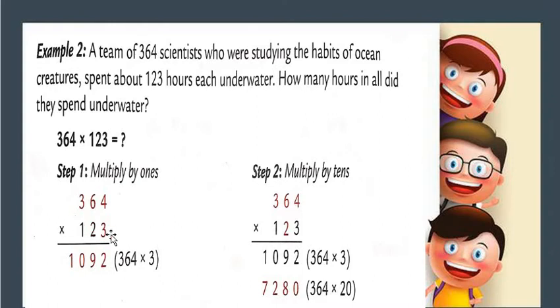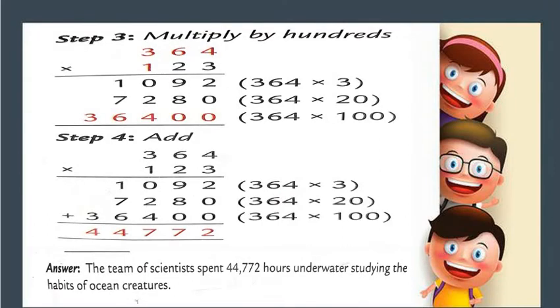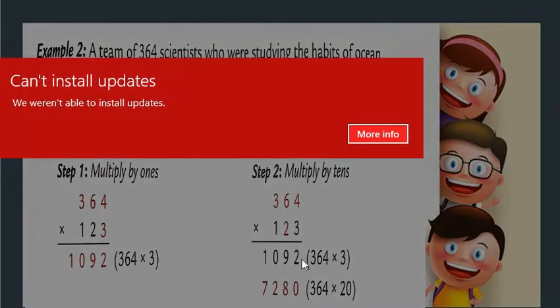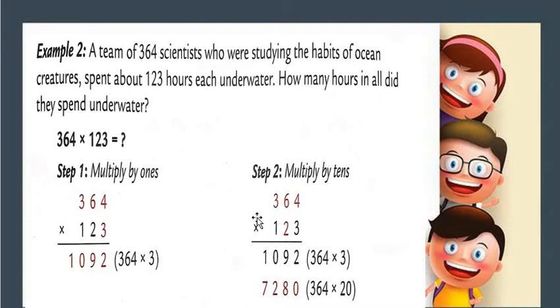Now one more digit is left to multiply. So what is the third step? Multiplying by 100. We have done multiplying by 3. We have done 364 multiplied by 3, and the answer is 1092. Then 364 multiplied by 20, and then multiply by hundreds.